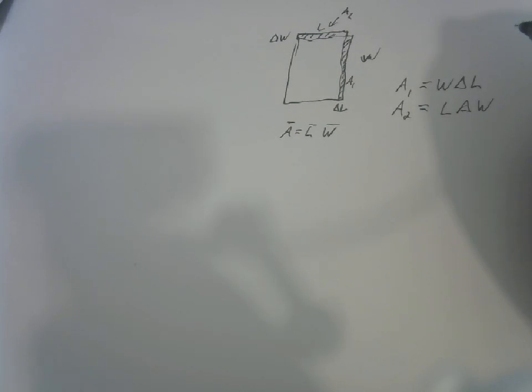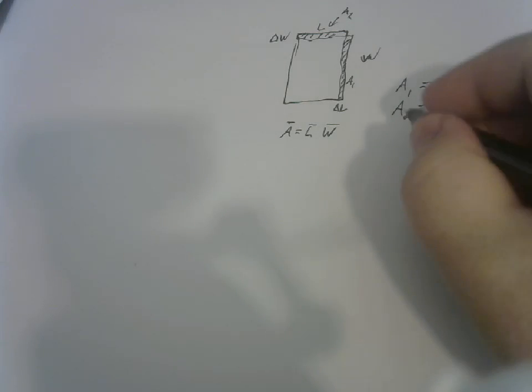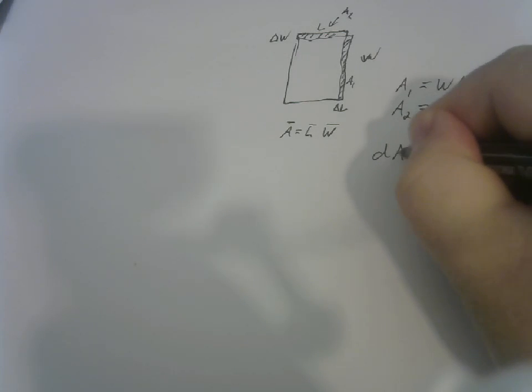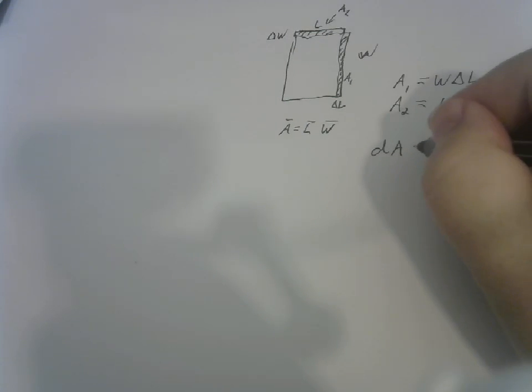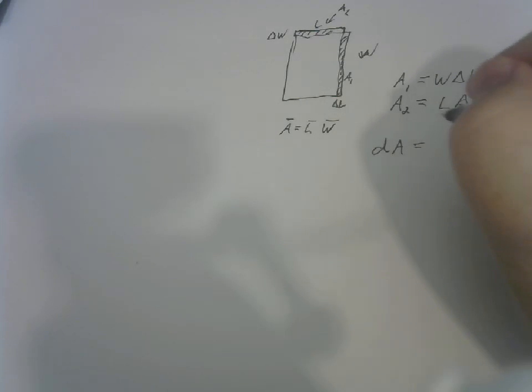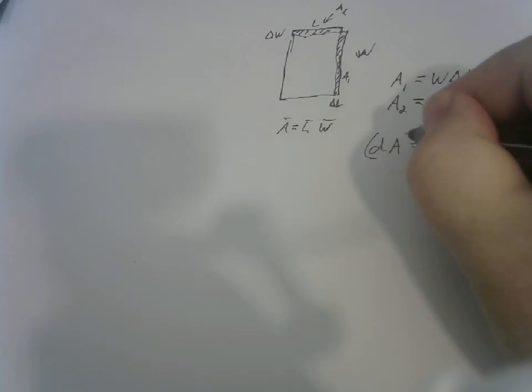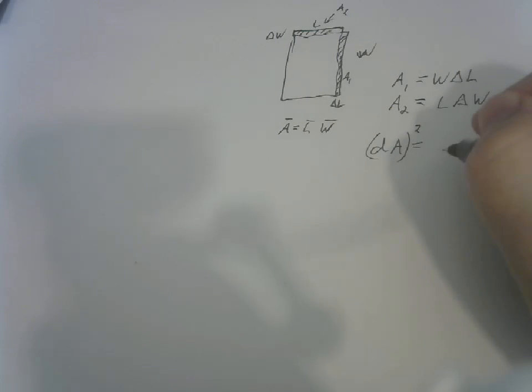And the uncertainty in the area, so we'll just write it as dA, is kind of the Pythagorean theorem. dA squared equals A1 squared plus A2 squared.